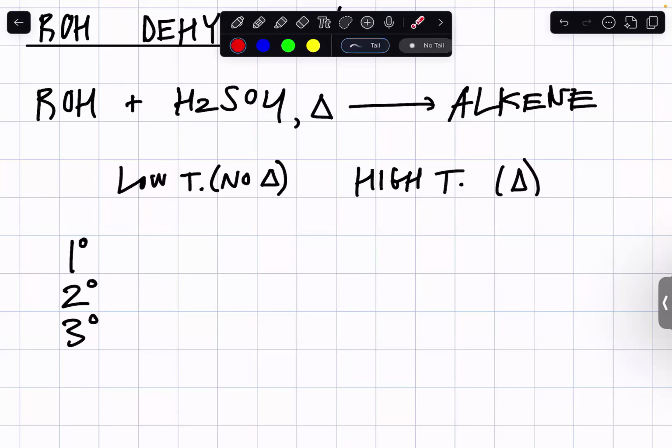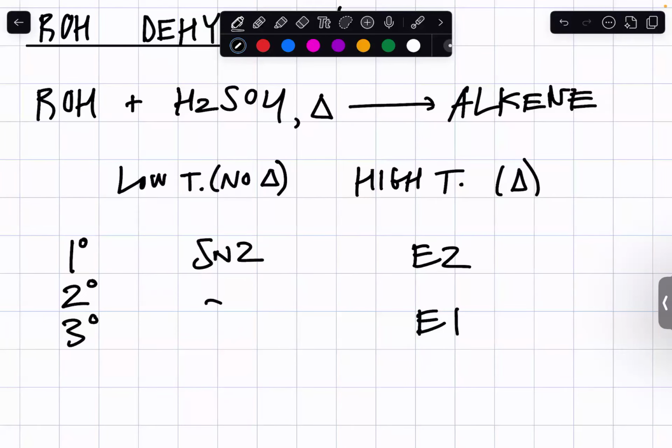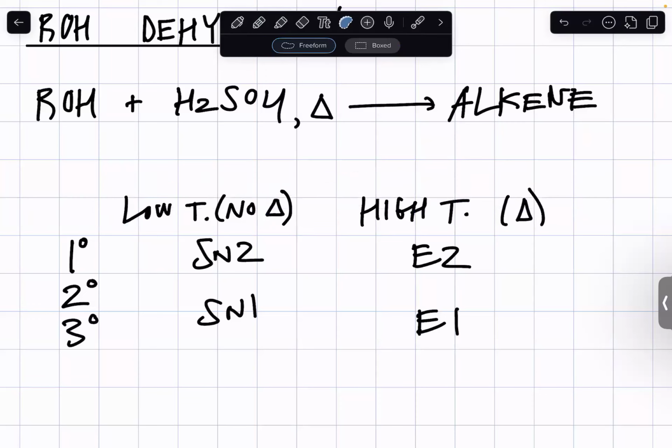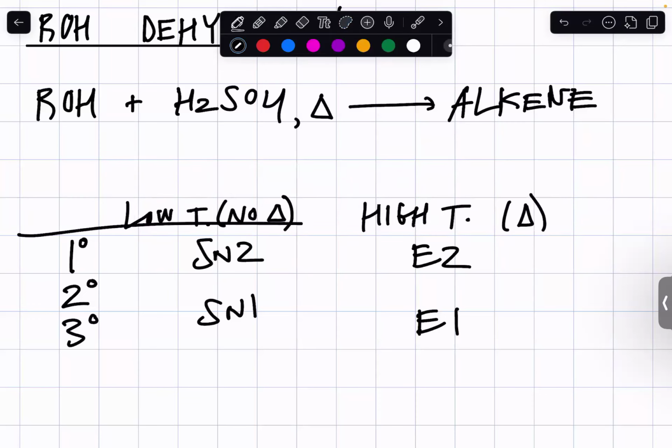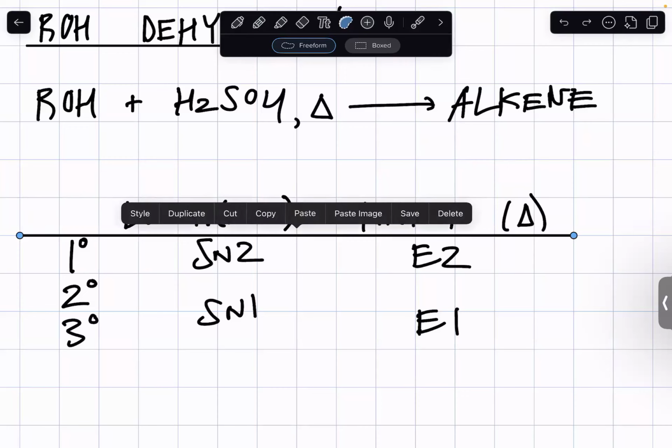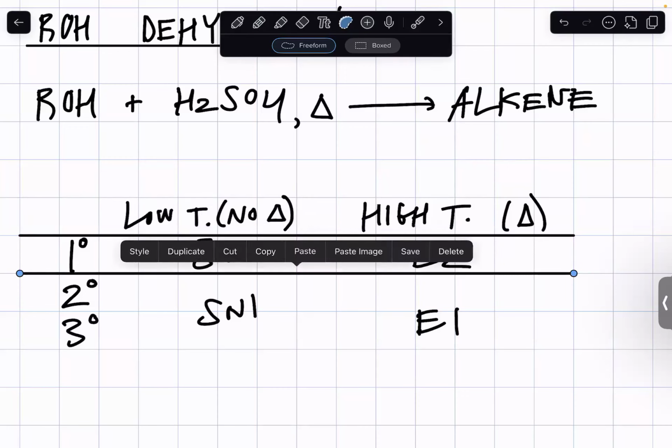If you have heat, you're going to favor elimination reactions, like E2 and E1. If you have no heat, you're going to favor substitution reactions, SN2 or SN1. Okay? Now, let's create this chart right here.